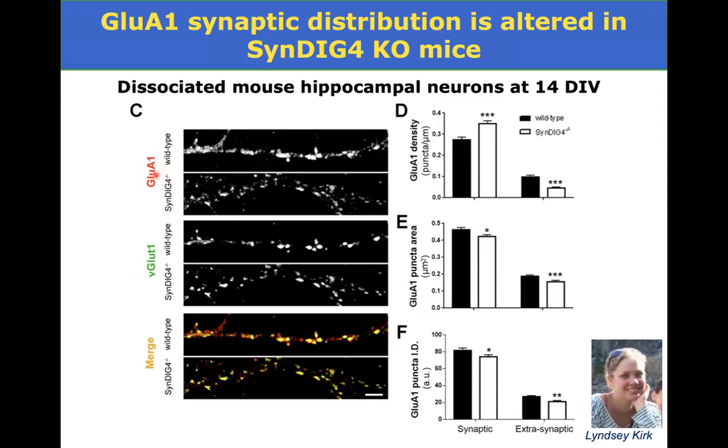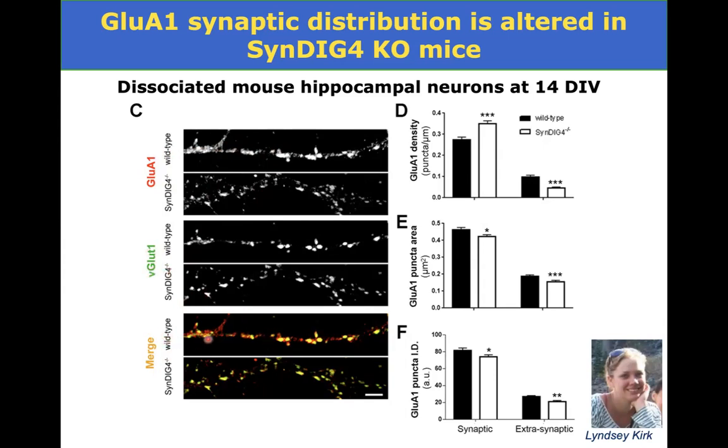This is an antibody against one of the subunits, GluA1, in wild type and mutant animals. And then we can look at vGlut1, which is a presynaptic marker, and then look at the merge. So here's GluA1, which is in red, and vGlut1, which is in green.